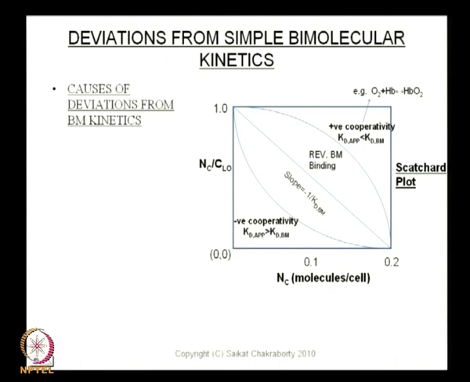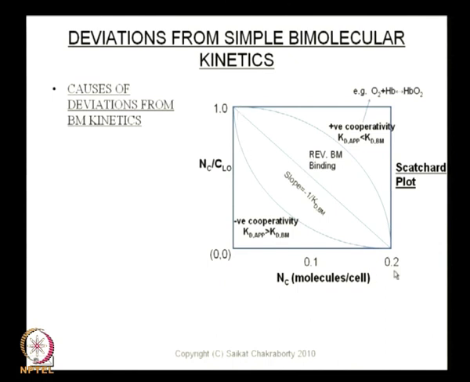So, this reaction, oxygen plus hemoglobin, is pushed in the forward direction more for the second case. For the third case, it would be pushed even more in the forward direction. I gave you this example of hemoglobin to explain how these 4 molecules bind one after another. Is that clear? That is the concept of positive cooperativity. Positive cooperativity means that the apparent dissociation constant is less than the bimolecular dissociation constant.